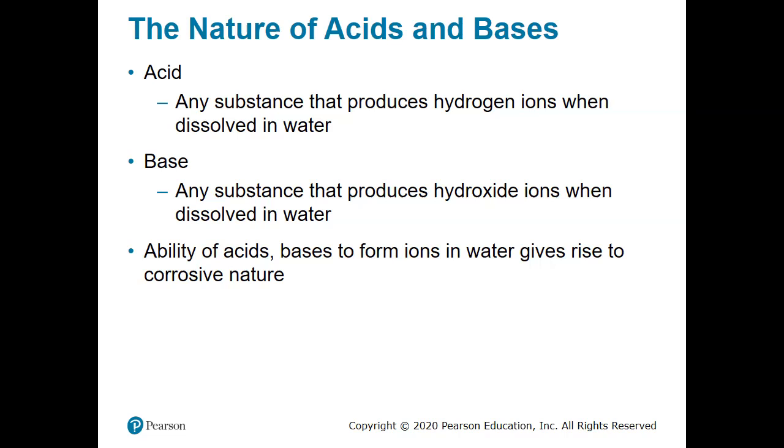And bases are substances that will produce hydroxide ions when dissolved in water. What qualifies something as corrosive or not corrosive has everything to do with the amount of hydrogen ion or the amount of hydroxide ion that they produce.